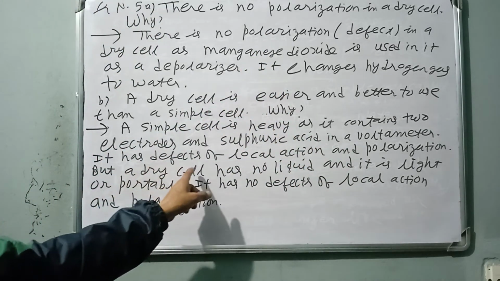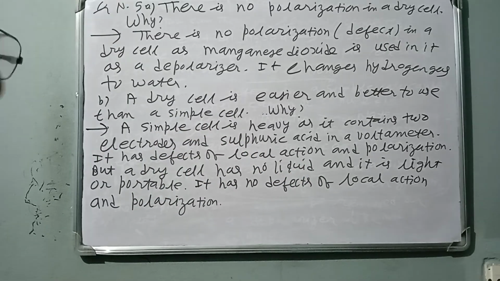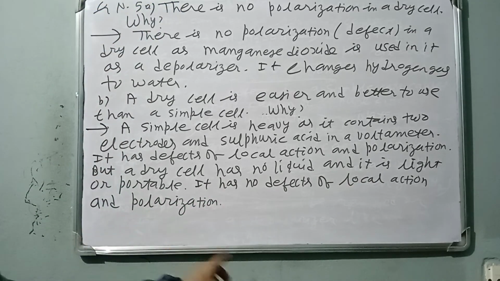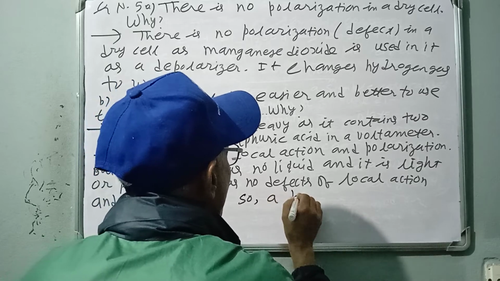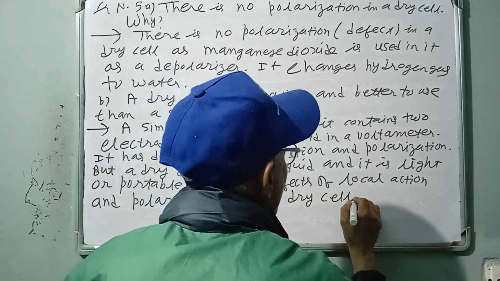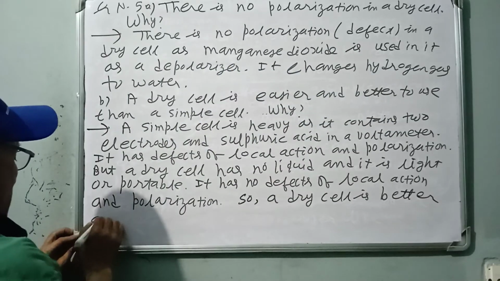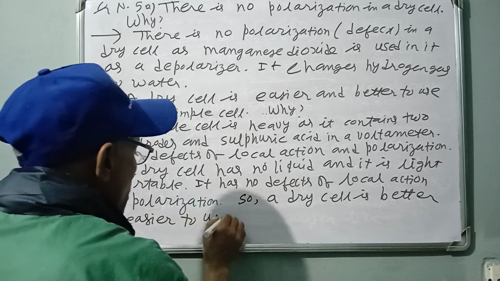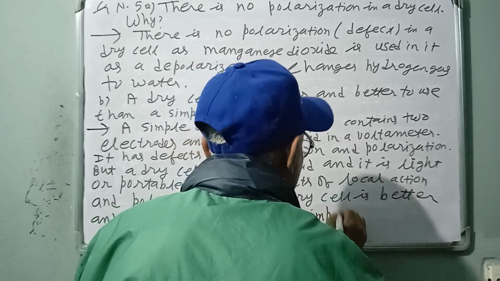But a dry cell is light or portable, it is very easy and quick to use, and it has no defects of local action and polarization. Moreover, it has more voltage, 1.5 volt. So a dry cell is better and easier to use than a simple cell.